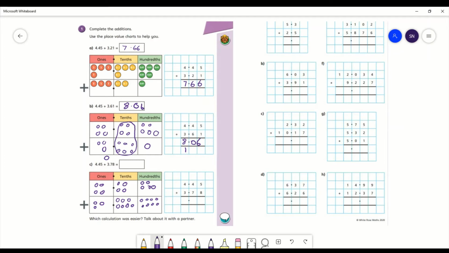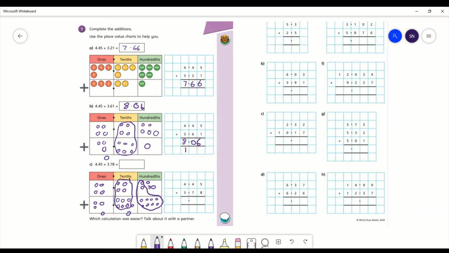I've got 5 and 8, so that is enough to exchange and have 3 left over. Okay, so this one has got now it's 8, 9, 10, 11, 12, so I've got 4, 6, 7, 8, 9, 10. So that's exchanging 1 and 2 left over.